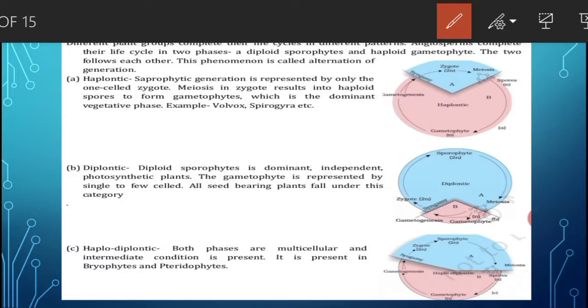Now the gametes which are produced will undergo fusion, that is fertilization takes place, and after fertilization a zygote is produced, which is a diploid structure, and the zygote divides by mitosis. It also divides by mitosis, that is equational division, because of which it produces a diploid sporophytic plant body.